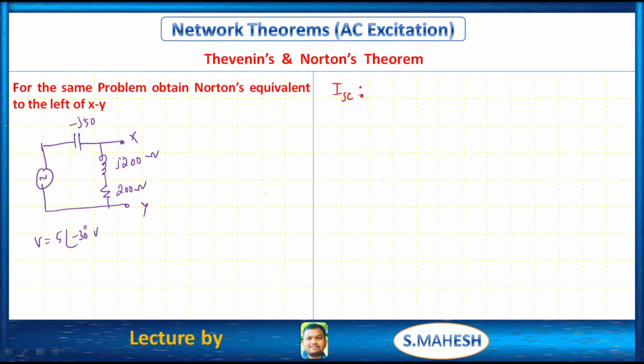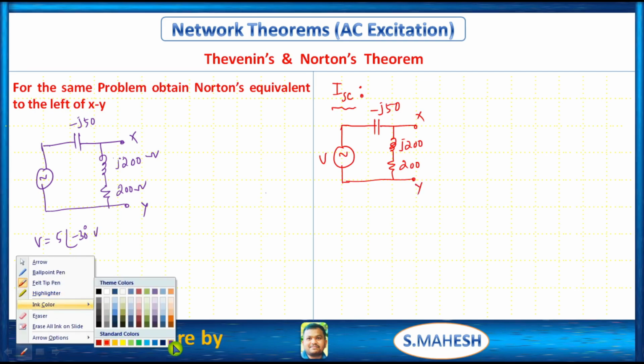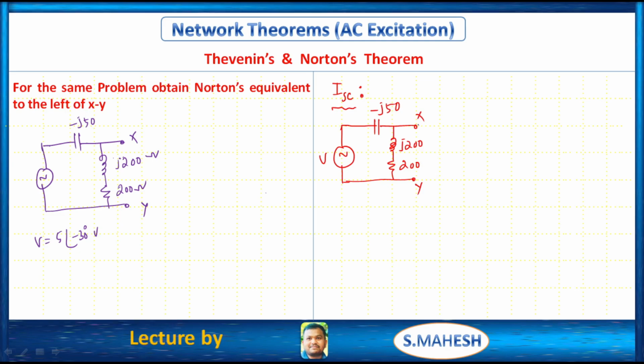To calculate ISC, we have a branch, this is minus J50, J200, and this is the supply voltage V. This is X, this is Y. Simply we have to short these terminals. That's it. This is ISC.